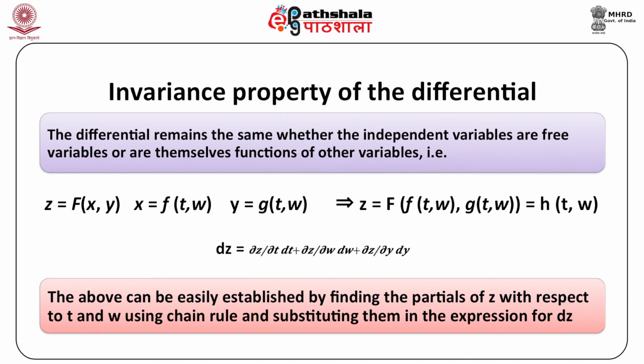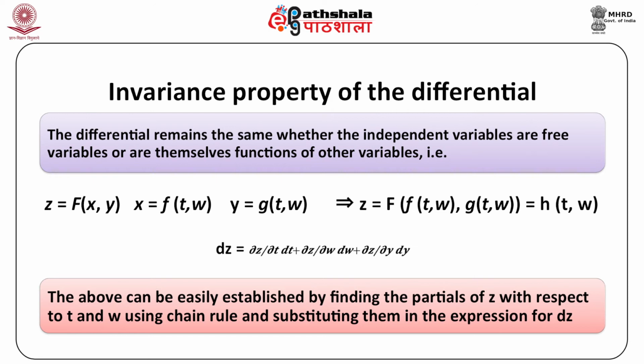That is, if z is a function of x, y, x is a function of t, w, y is a function of t, w, which implies that z is a function of f(t, w), g(t, w), which is equal to h(t, w), then dz is equal to del z by del t into dt plus del z by del w into dw, which is equal to del z by del x into dx plus del z by del y into dy.